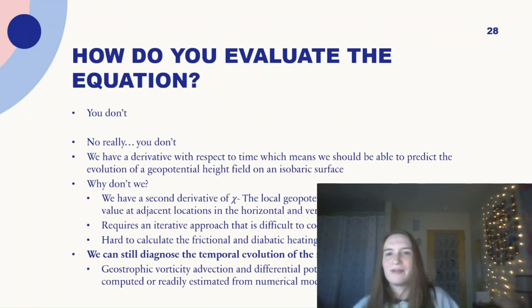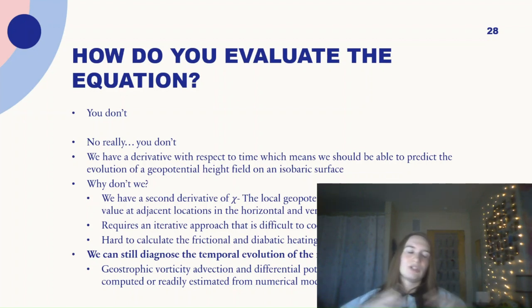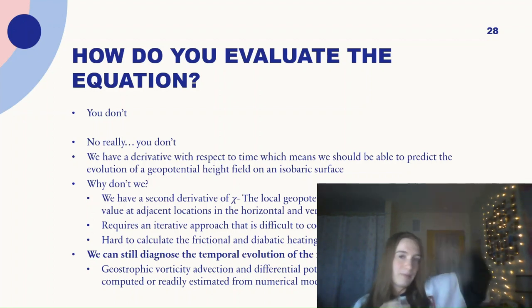Why? Because we have a derivative with respect to time. Why not, right? Well, why do you think you should? We have that derivative with respect to time, which means we should be able to predict it, which means we should be able to calculate it, but we can't because we have a second derivative of chi. That local geopotential height tendency depends on the value at locations around it and above it and below it.